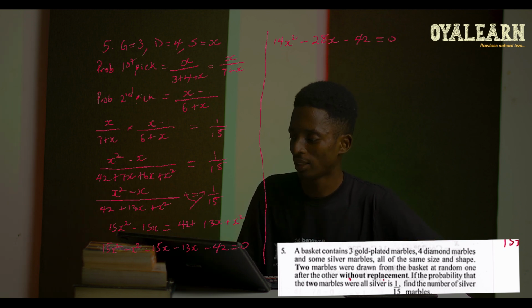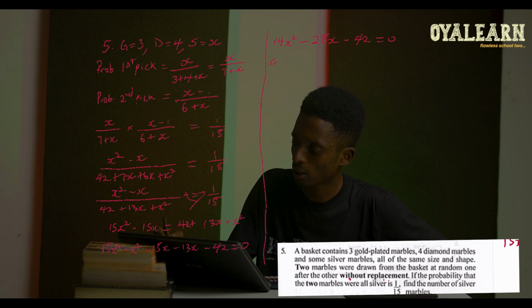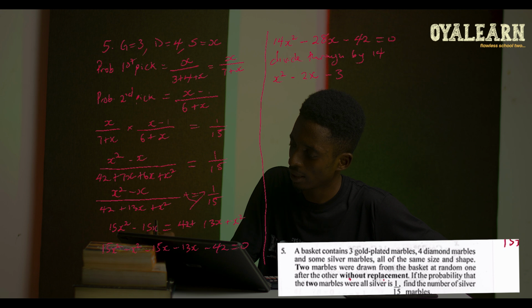make the numbers manageable. So all these numbers are divisible by 14, so divide through by 14. And that will give us x squared minus 2x minus 3 equals 0, where our a is 1, b is minus 2, and c is minus 3.